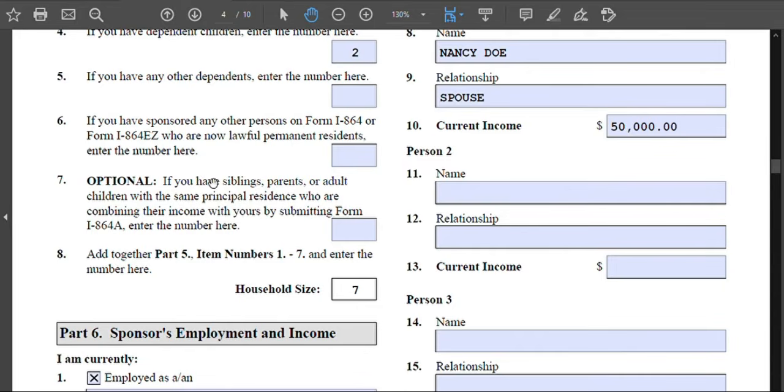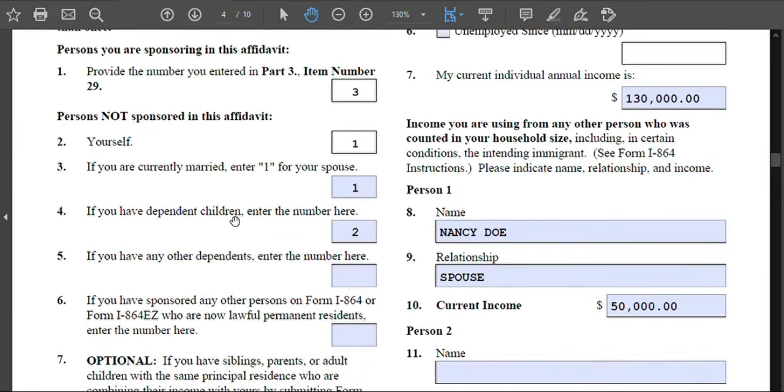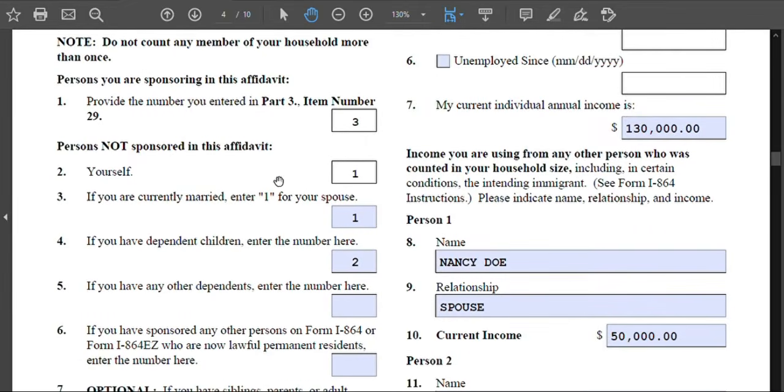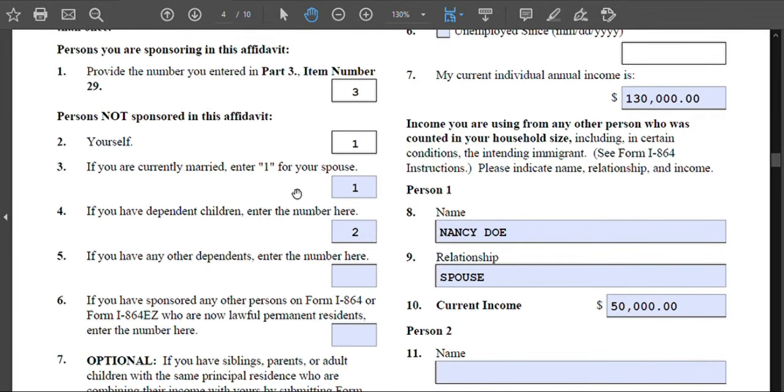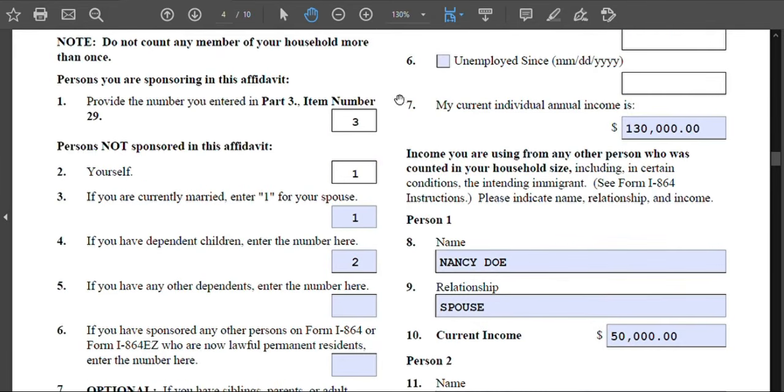Number 7 is asking if you have any household members, such as siblings, parents, or adult children with the same principal residence, who will be combining their income with yours. This is optional. For question 8, it will calculate the total household size for you. In our case, our joint sponsor is married and also has 2 dependent children, as well as they will be taking on the 3 immigrants, 1 principal immigrant and 2 derivatives in this case.